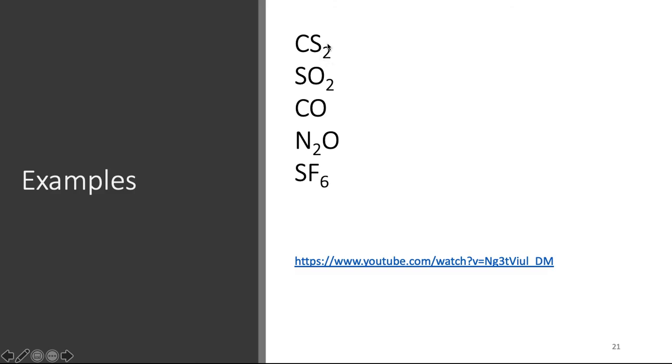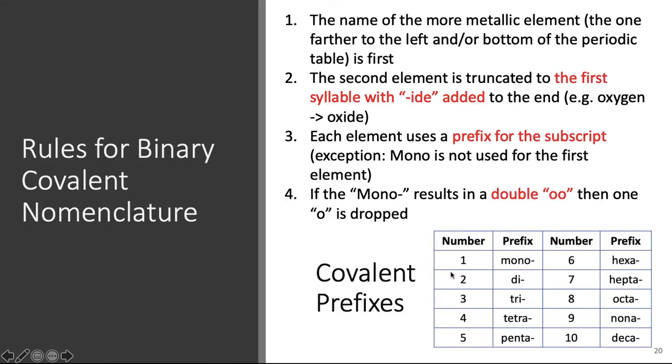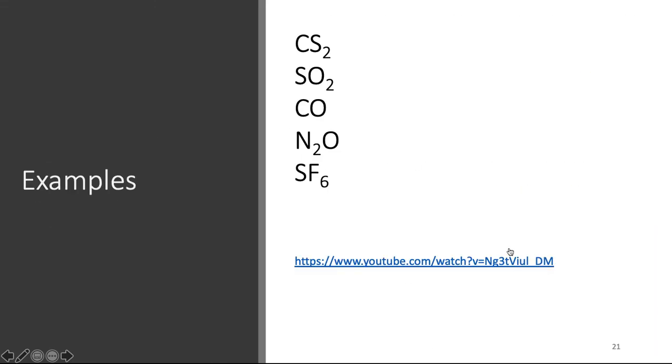But then the 2 here has the prefix di. So we would call it carbon disulfide, because we have to truncate the sulfur and add the ide ending. Watch how I name them, and if you have any questions, please ask.